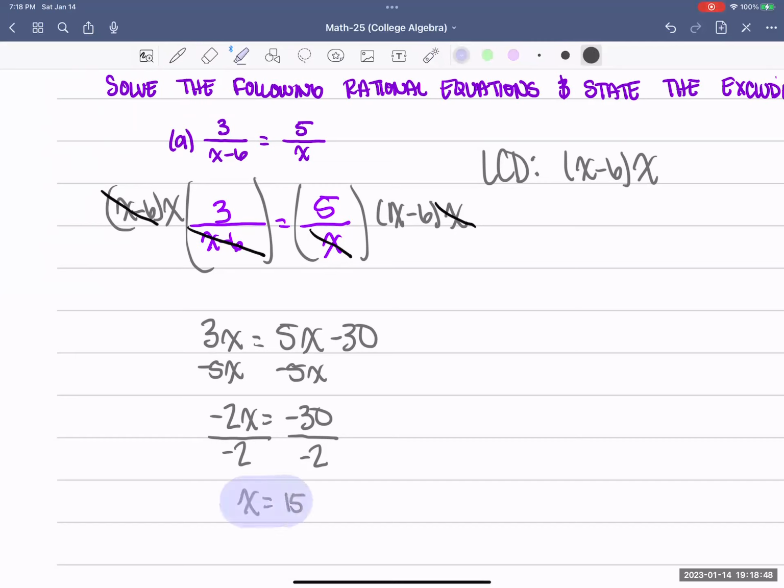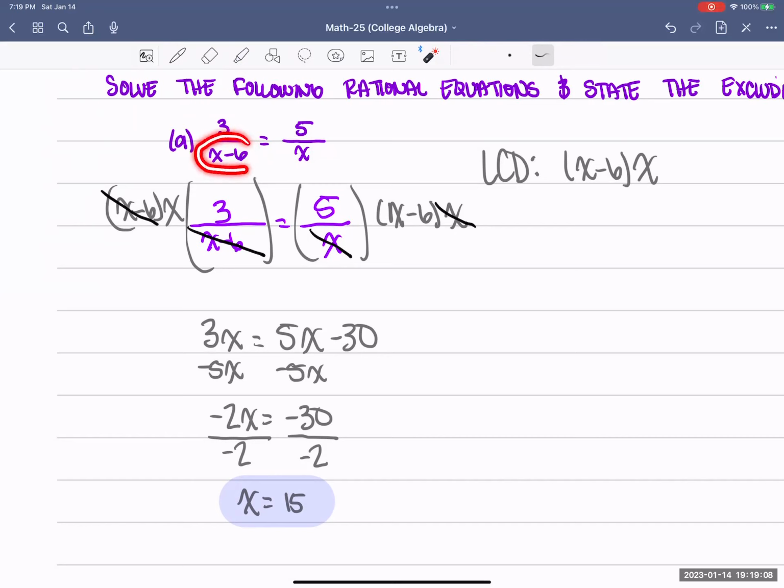So x equals 15 is our solution, but we have to make sure that we have rational solutions. So we're going to see where we're undefined. An undefined number is whatever makes a fraction have a denominator of 0.